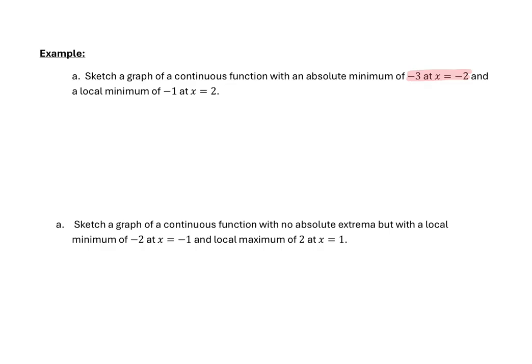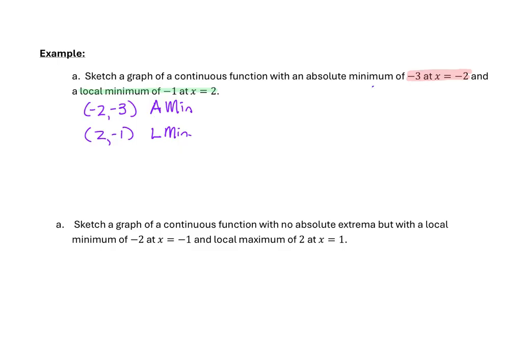So that is going to be one point that we want on our graph. X is -2, y is going to be -3, and this is an absolute minimum. We also want a local minimum of -1 at x equals 2. And so this is going to be 2, -1, and it is a local min.